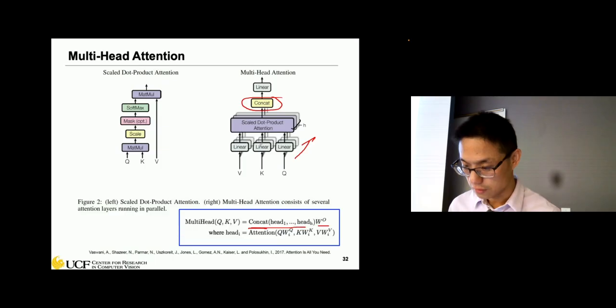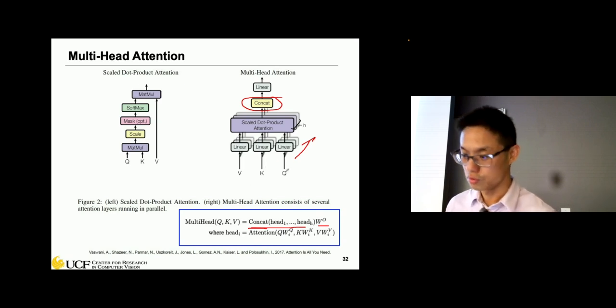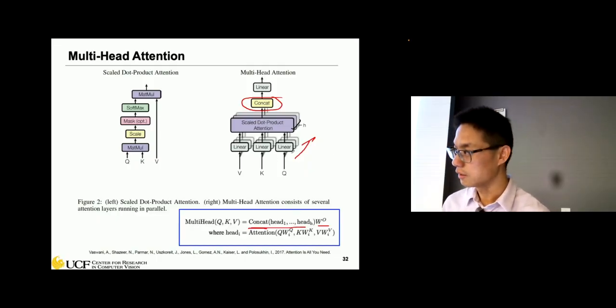In this way, each head reduces the computation, but at the end your information will not be lost, because although you highly compress from 512 to 64, you're using multiple heads to bring back that information. Is that your question? Yes.